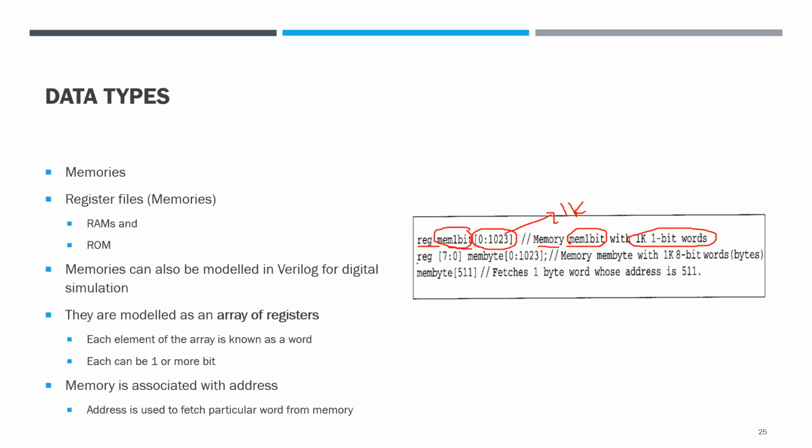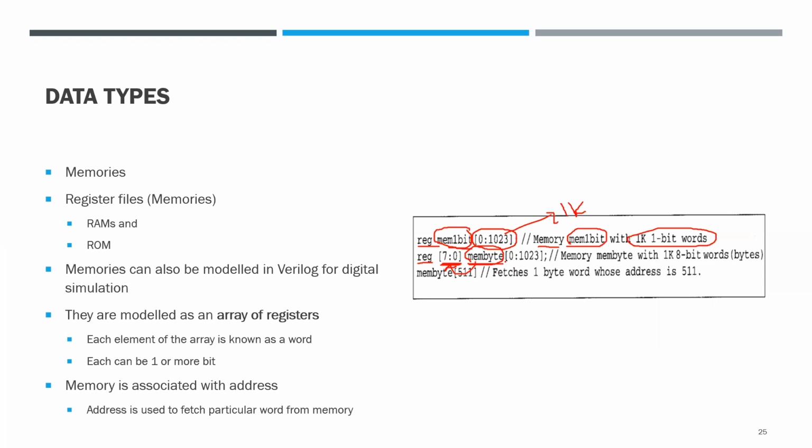Similarly, if I say mem byte, here we are taking 8 bits, so it turns out to be 1 byte. This mem byte is using 8 bits of space, that is, it is 8 bits in length.